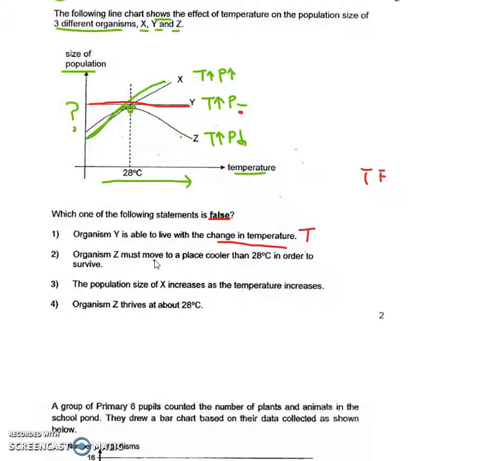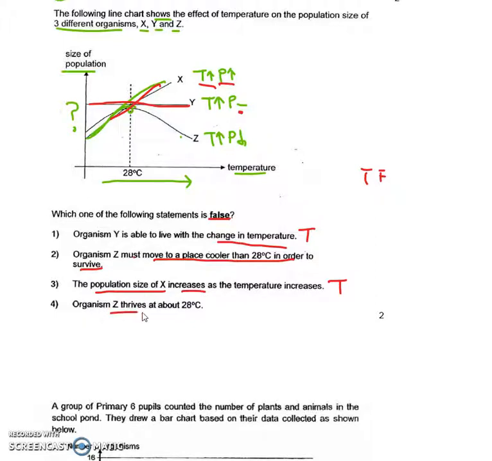Organism Z must move to a place cooler than 28 degrees in order to survive. Alright, let's come to this later. The population size of X increases as the temperature increases. So this is also true.